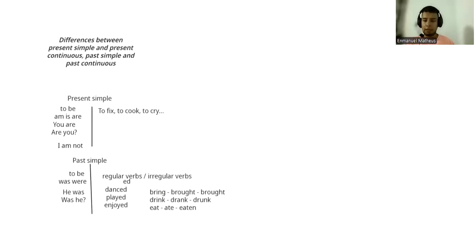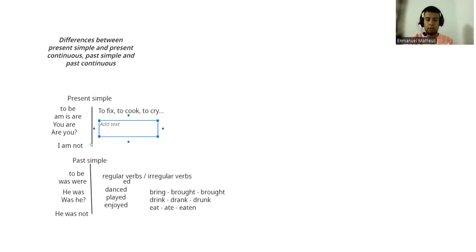Present simple and past simple are similar, even when we create questions using do and does. For example, if I need to ask a question, I need to use do or does at the beginning. Do you fix your car? Or we use does if we are talking about he, she, or it.